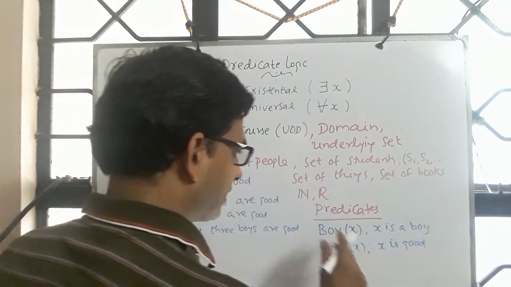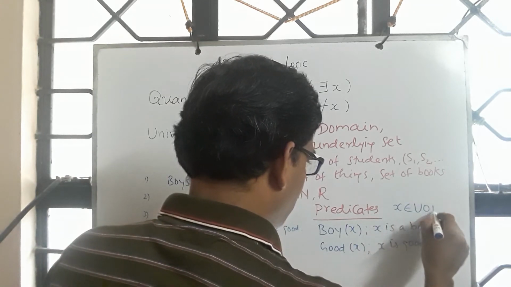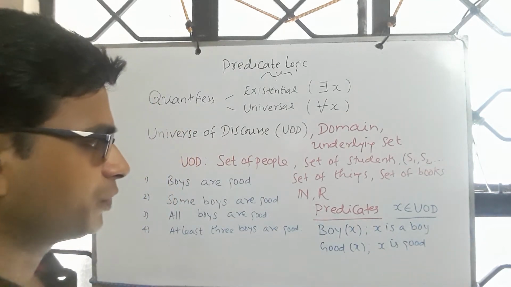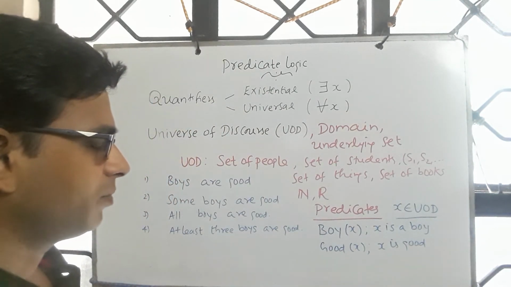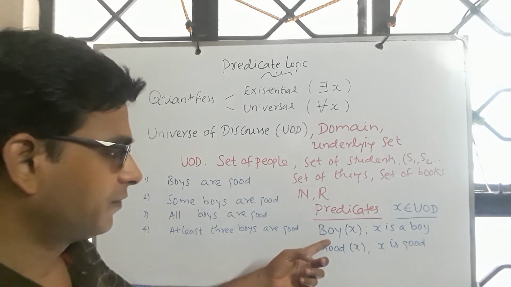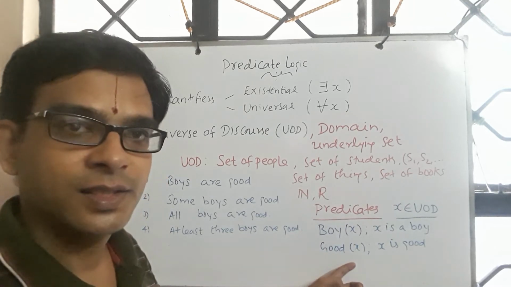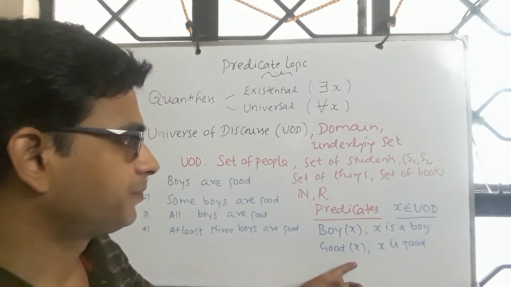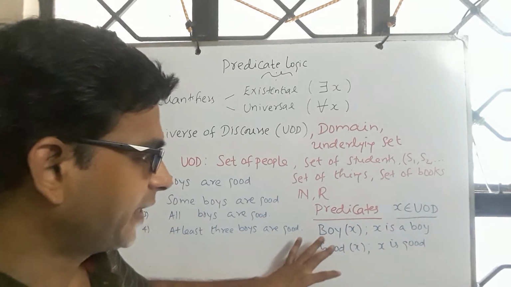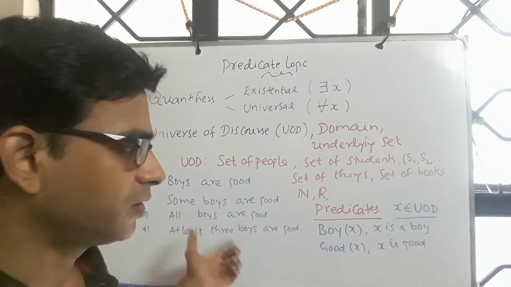Where does this x come from? X comes from the underlying set or the universe of discourse. So x belongs to UOD. We talk about two predicates, for example something called boy of x, which means x is a boy, and something called good of x, which means x is good. So fixing one UOD, we define predicates like this. Next we shall see how to express statements of this type.